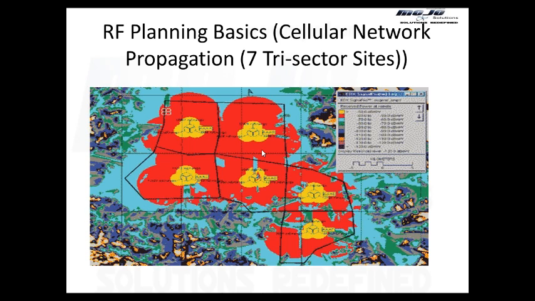So what this propagation model is telling me is, if I am standing over here, I will get a signal. If I'm in the yellow zone, I'll get a signal better than -50 dBm. If I'm in the red zone, it's better than -60 dBm. If I'm in the blue zone, it's better than -70 dBm.